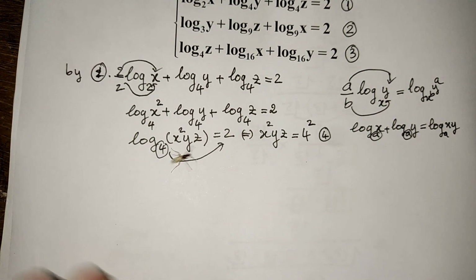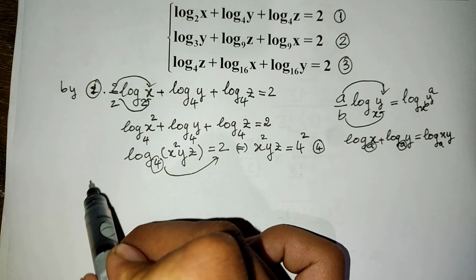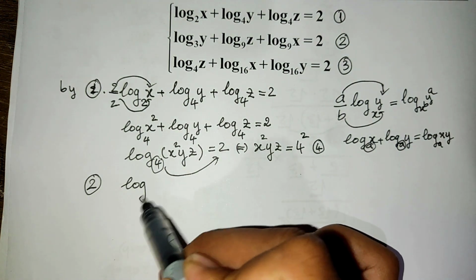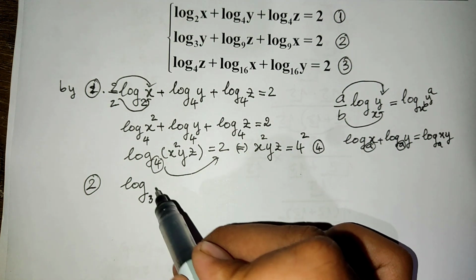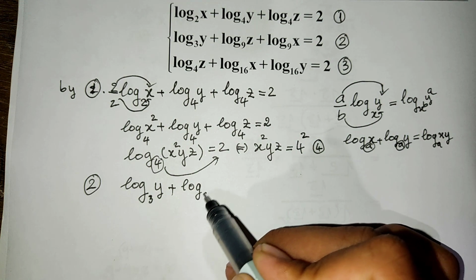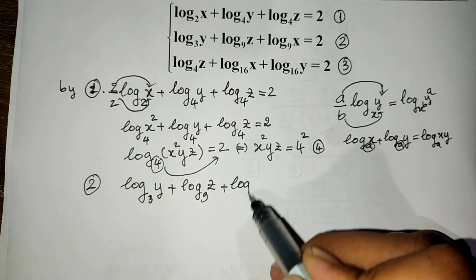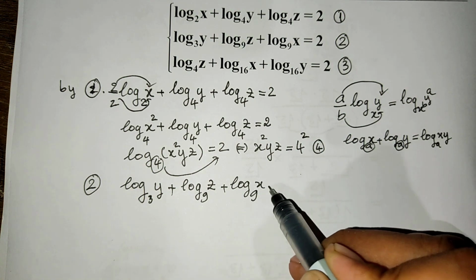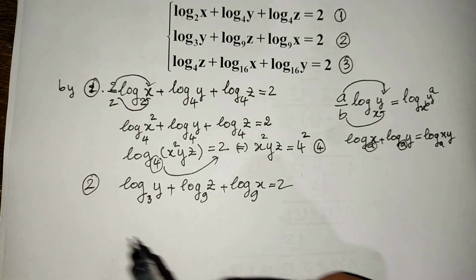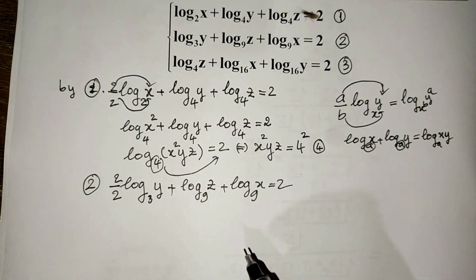The next step, I use the second equation: log base 3 of y plus log base 9 of z plus log base 9 of x equals 2. We use the same trick, multiplying by 2 divided by 2.